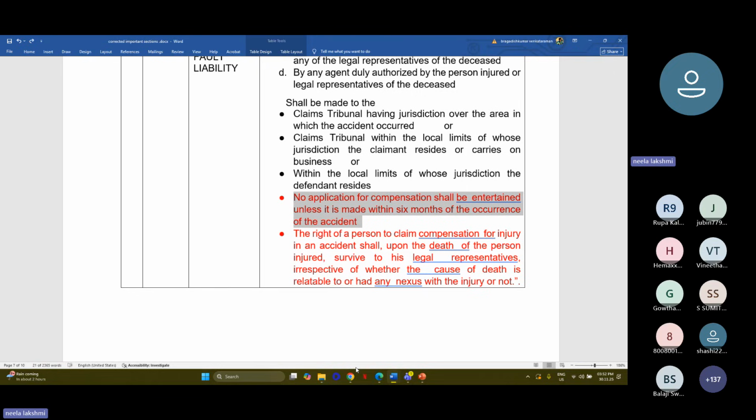Previously, there was no time limit for filing the claim petition, no bar on limitation. Now it has been made compulsory that the application has to be made within 6 months from the date of the occurrence of the accident. This is a new amendment, a very important point to note. It is very important to remember.